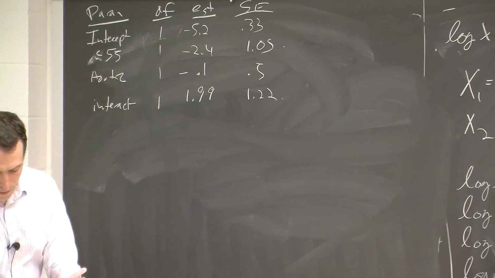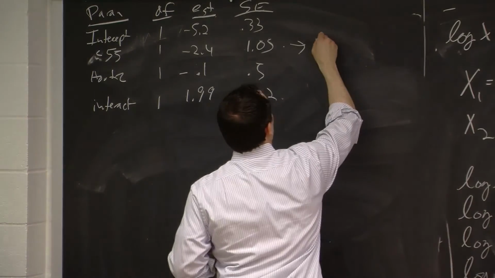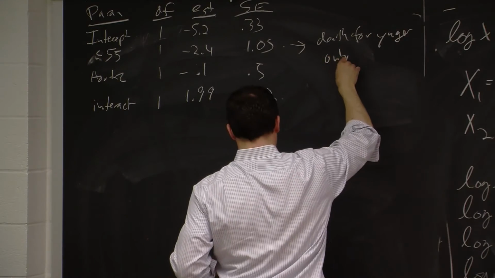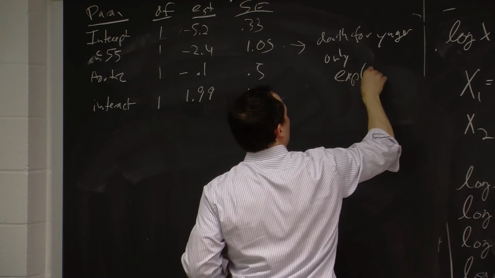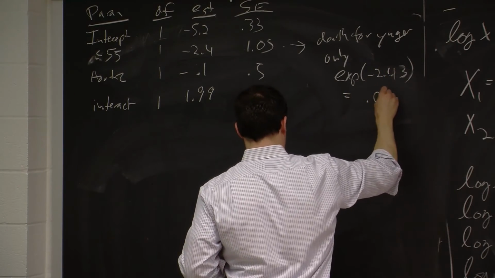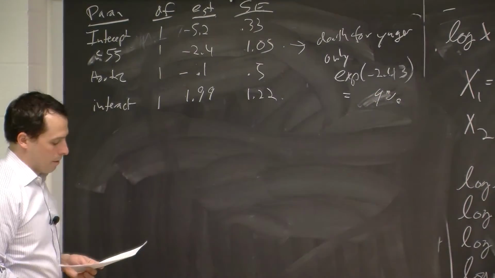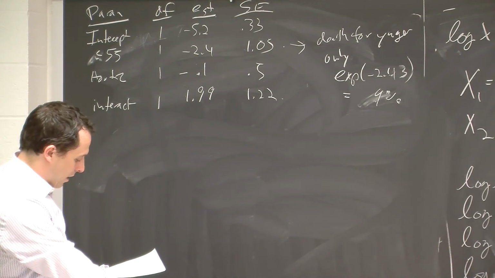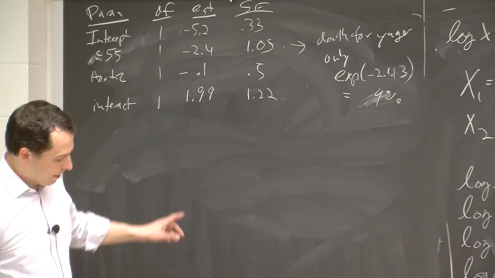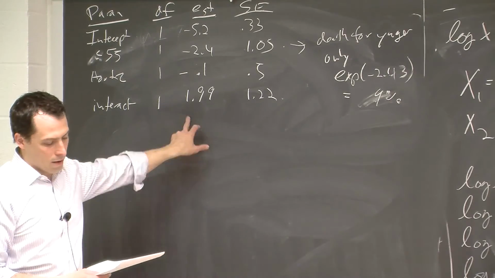And this minus 2.4 means that the death rate for the younger group is only about 0.09, I would say 9% of the death rate for the older group when type is mitral. The main effect for type is not significant. The effect for the interaction is not quite significant, although almost there.